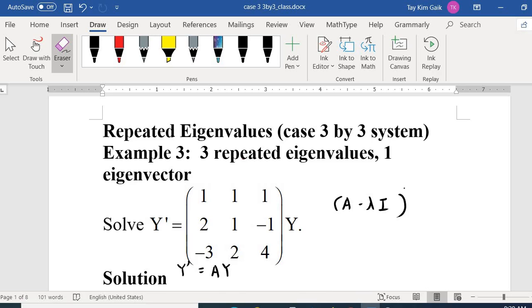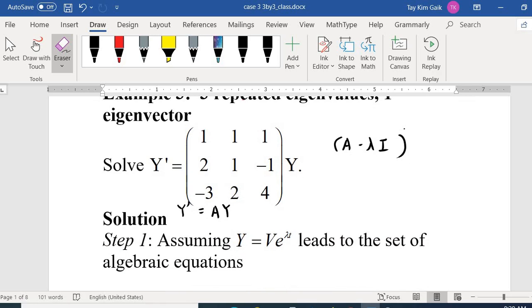To get the solution, we assume y is equal to the eigenvector v multiplied by exponent lambda t. This will lead to the homogeneous system A minus lambda I times v equal to 0. Solving this homogeneous system gives the eigenvector, and to get the eigenvector we must first get the eigenvalues.